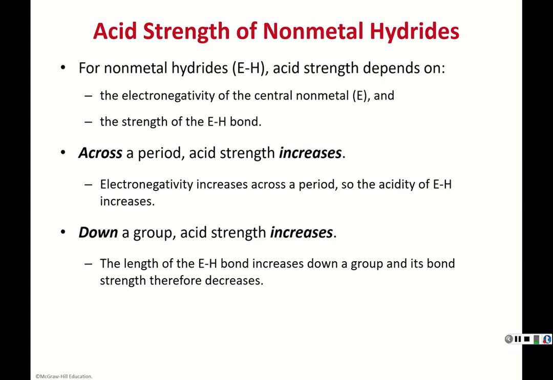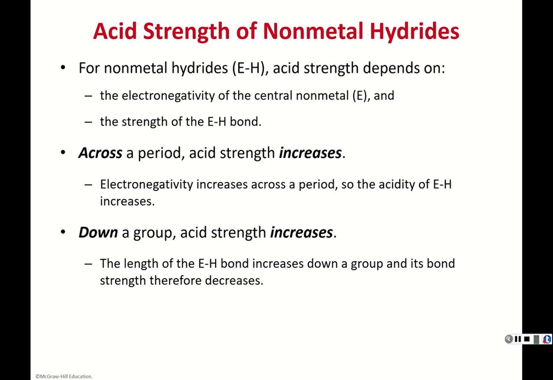As you go down a group, the acid strength is also going to increase. That's because the length of the bond between that non-metal and the hydrogen is going to increase down a group, and therefore its bond strength decreases.